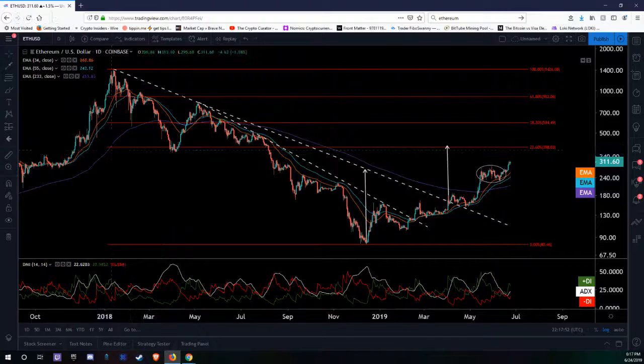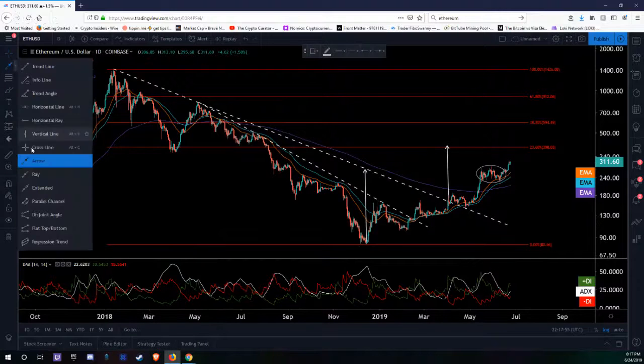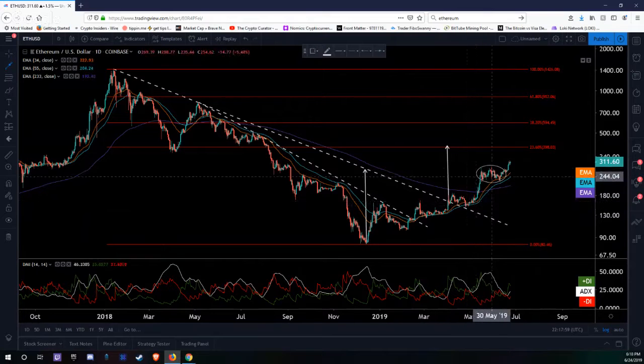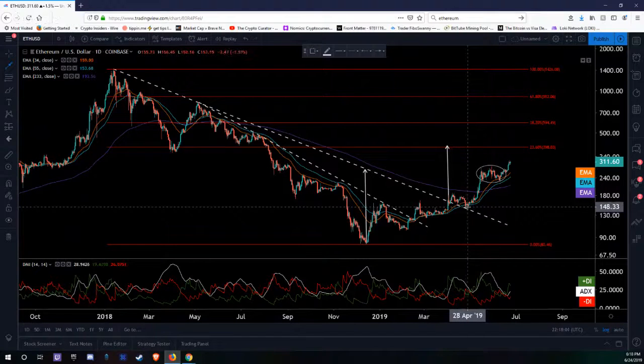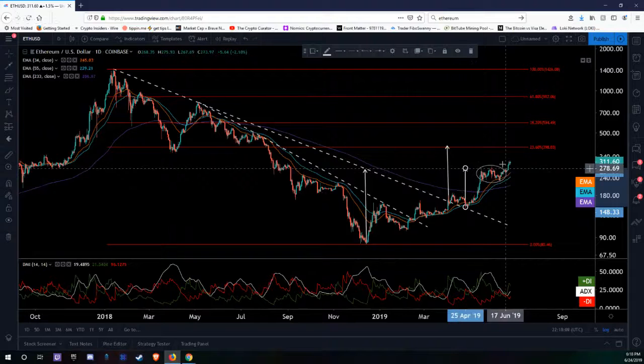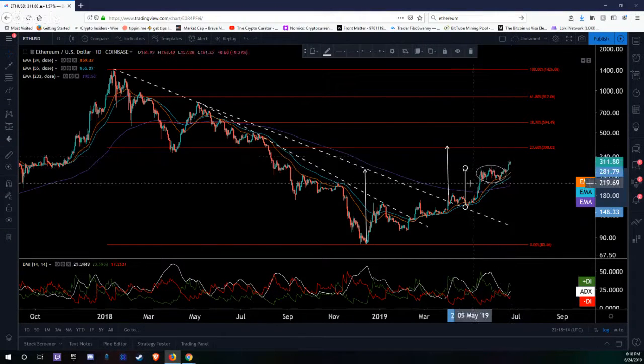Another thing you can look at is a possible flag pattern. I was having a brain fart there for a second. If you take the rate of change here off of this move right at this point, and then you had this area of consolidation, and then we've broken out of that area of consolidation to the upside.